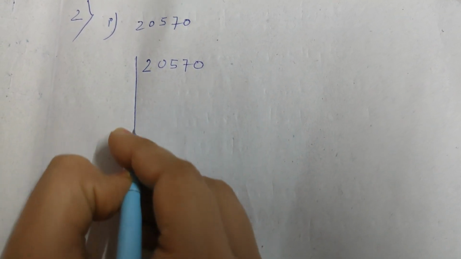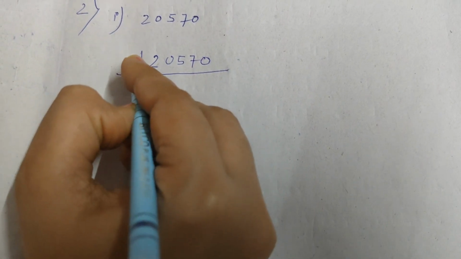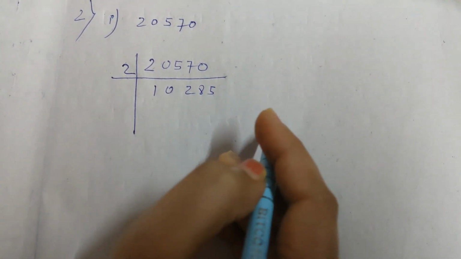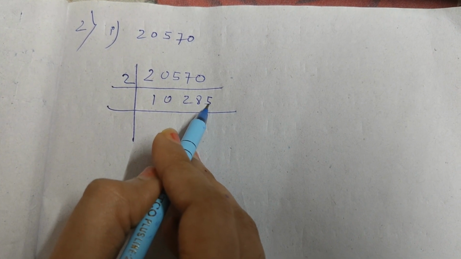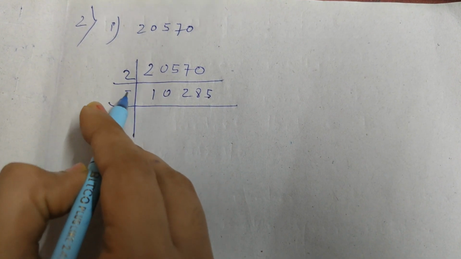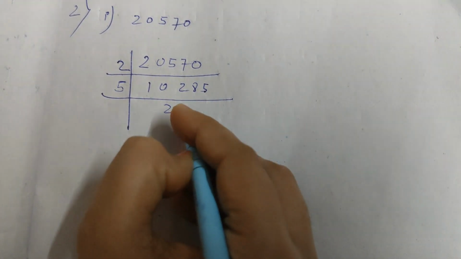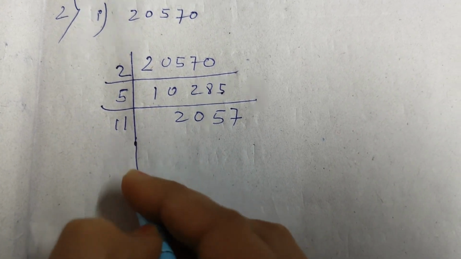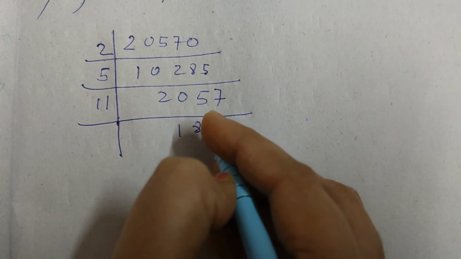Again we first check with 2. Here the last digit is 5, so we take 5. Now this will divide by 11, so we get 187.